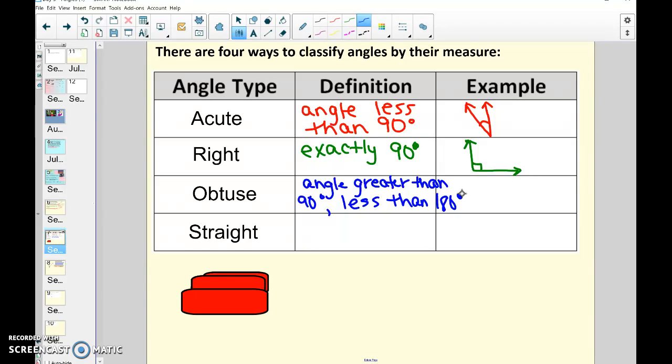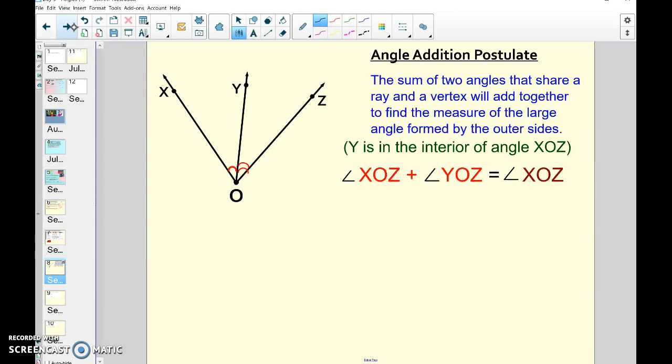So it's between 90 and 180, so it's a little bit bigger angle, might look something like that. The last one is kind of self-explanatory. It's a straight angle because it looks like a straight line because it's exactly 180 degrees. And like I said, it looks like a straight line. So feel free to pause here, get all those filled in. That should be the middle section of the notes that you're working on for today.